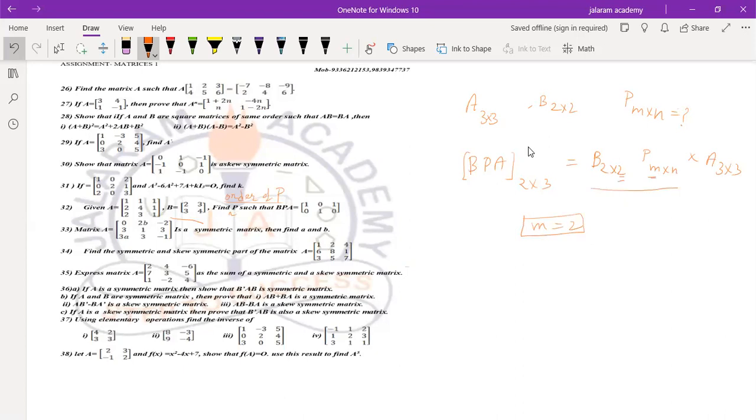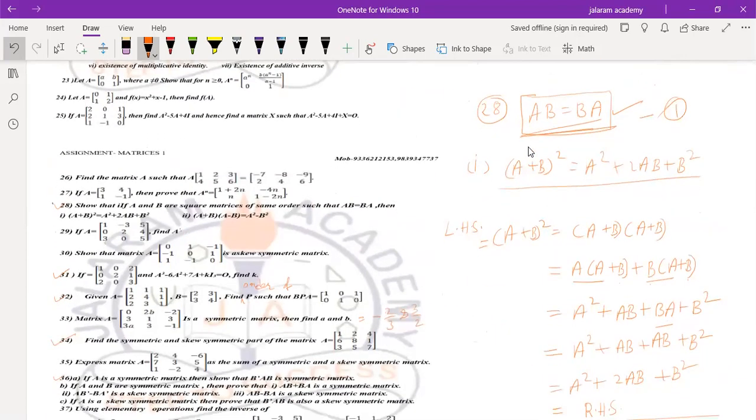When they are multiplied, order of BP will be 2 cross N and A is 3 cross 3. This time N must be 3. So order of P is equal to M cross N, that is 2 cross 3. This is the answer.